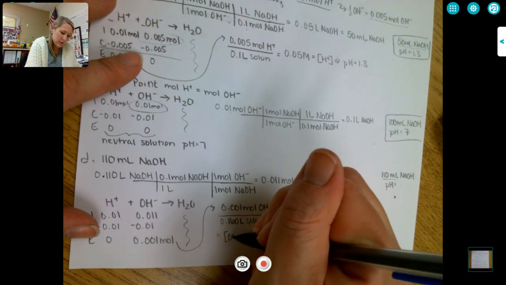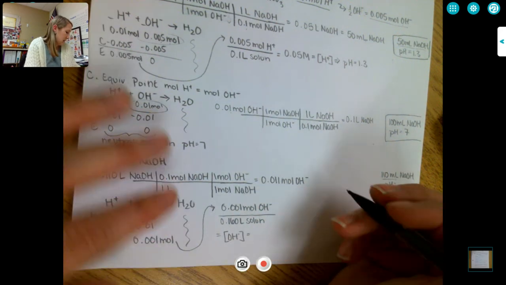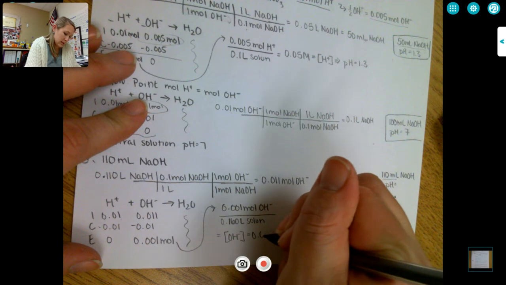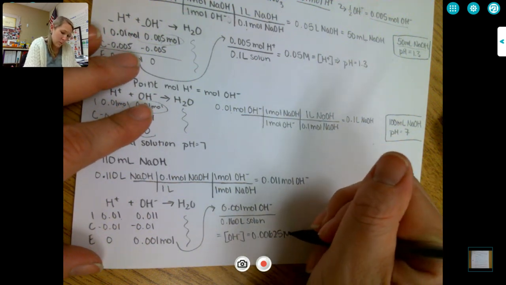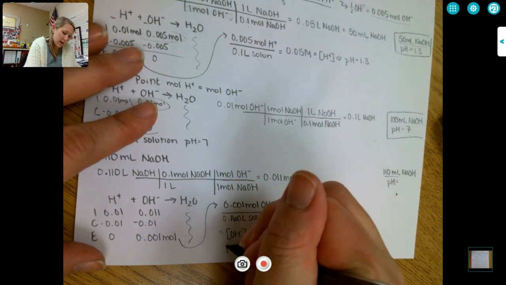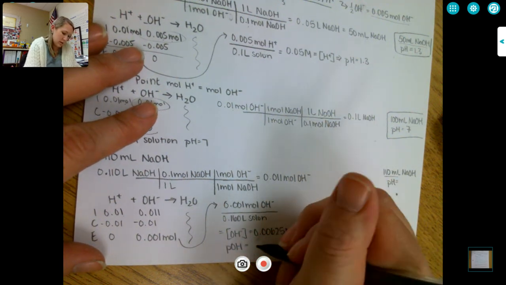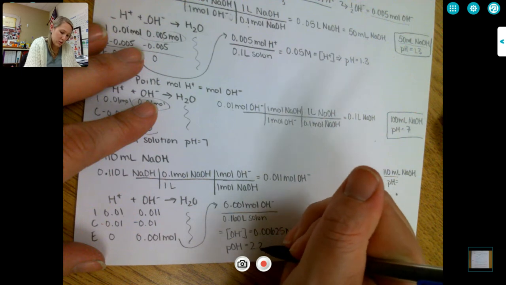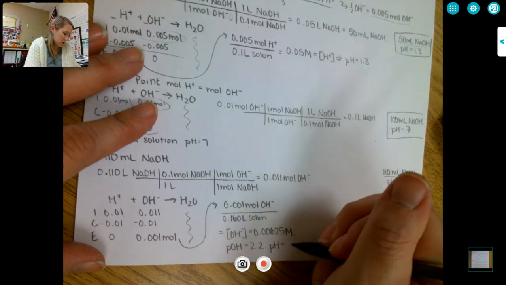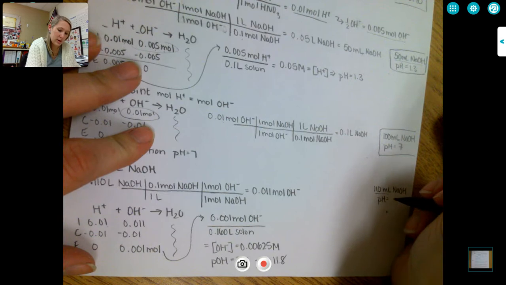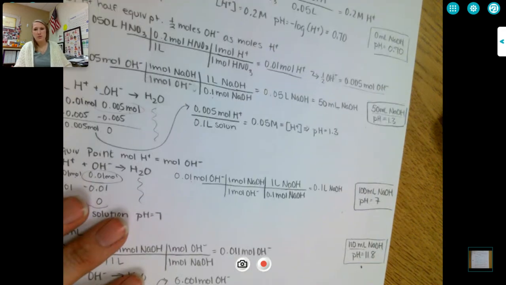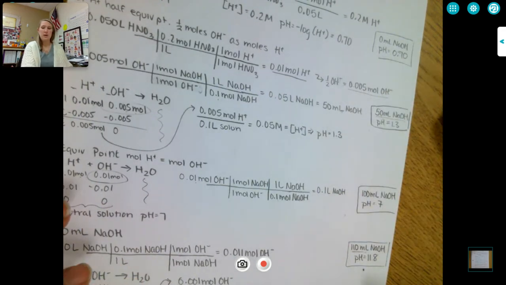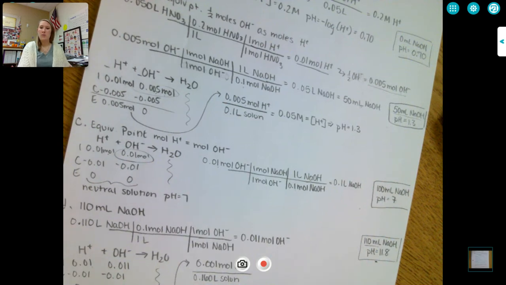That makes my concentration of hydroxide ions 0.00625 molar. From there, I can get my pOH, which is the negative log of this, which is 2.2, which means my pH is 11.8. Now I've got 4 different points on my curve: 1, 2, 3, 4. Now I could plot my curve and draw out my titration curve.